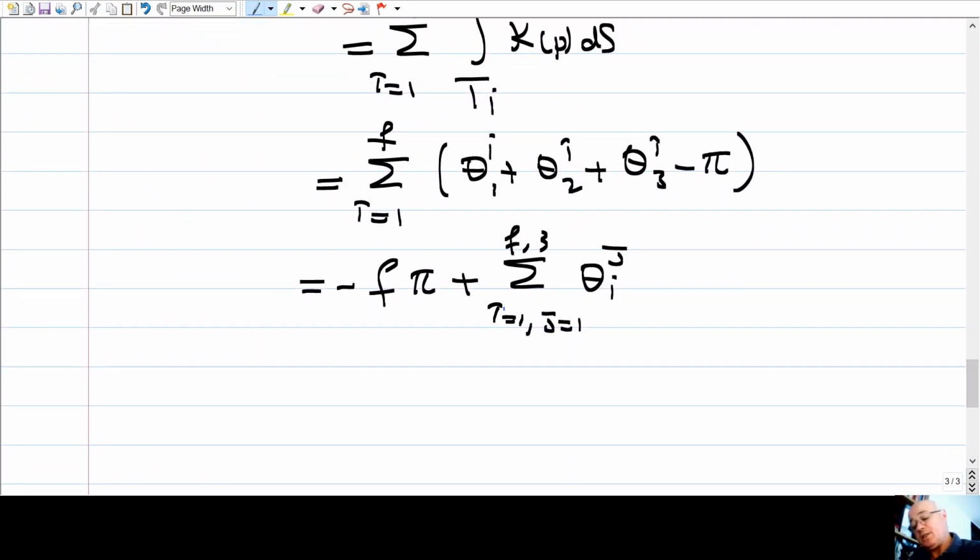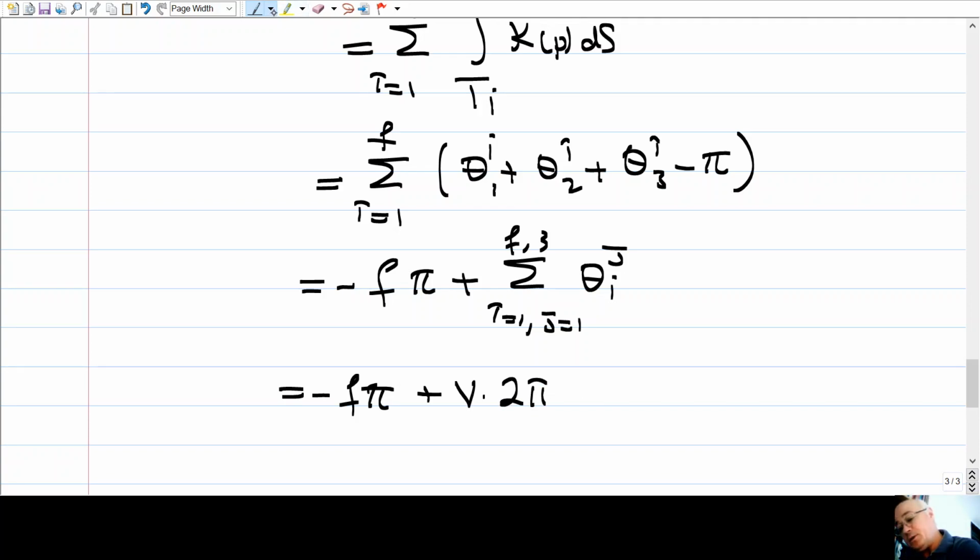So this is the sum of all interior angles, and it is just v times 2 pi.